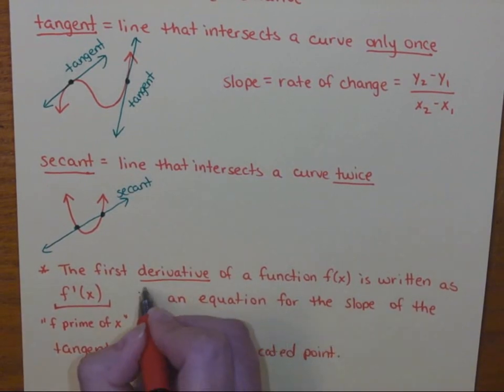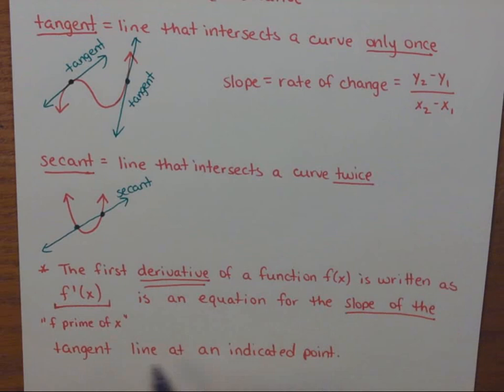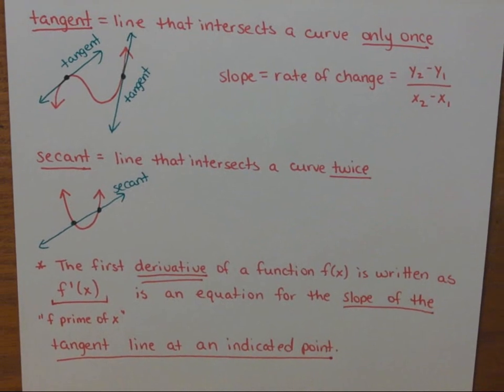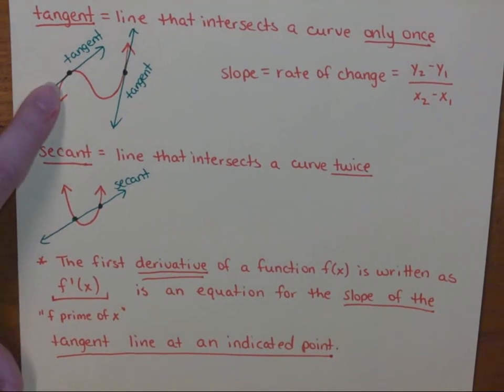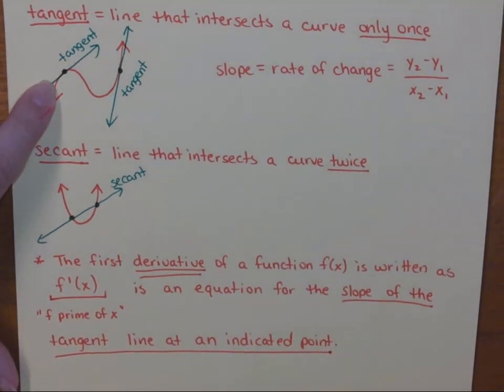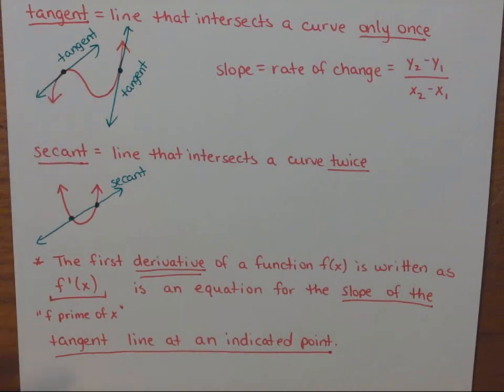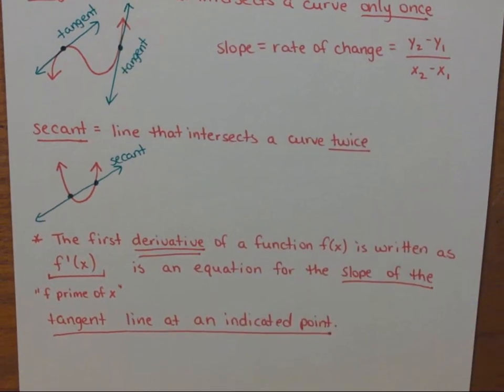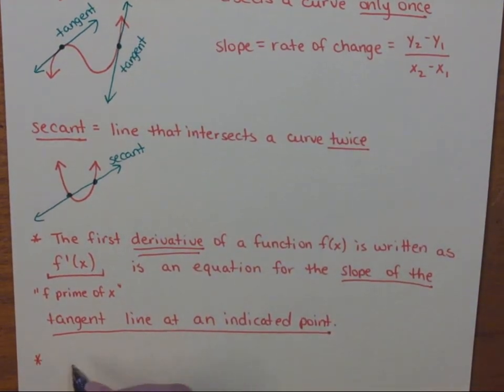So when you're being asked to find the derivative, it is the slope of the tangent line at an indicated point. Okay. Notice that would be a bit of a challenge with a curve like this one that I'm pointing at up here, okay? Because the slope of that tangent line would depend on which point I was talking about, right? Because the slope here is much different than the slope is here.